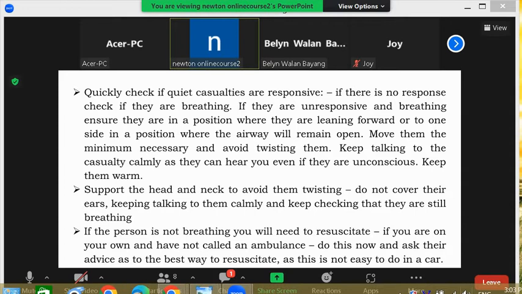Sometimes you are alone and cannot do everything by yourself, so at that time you can call the emergency services and ask them what you can do for this patient, because the patient is sitting in the car, and CPR can only be done on a flat surface.